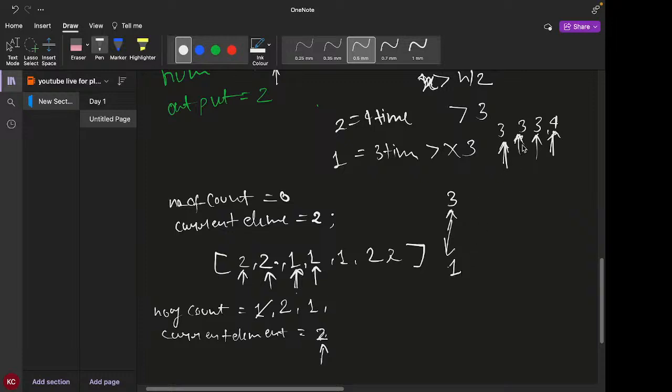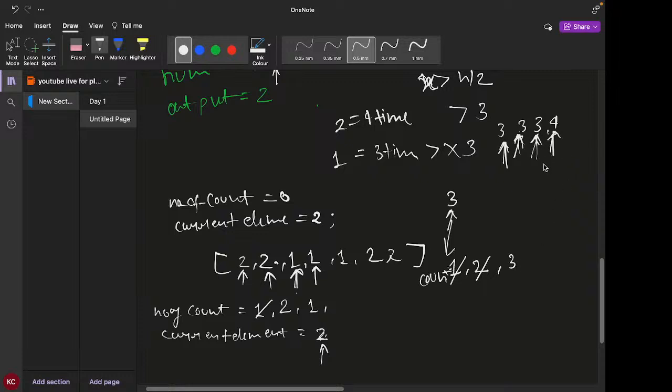Again someone votes for 3, then its count increases by 1 and becomes 2. Again someone votes for 3, then its count will be 3.